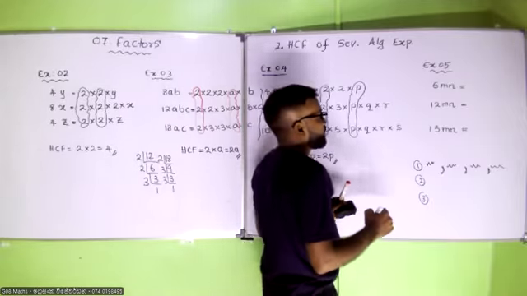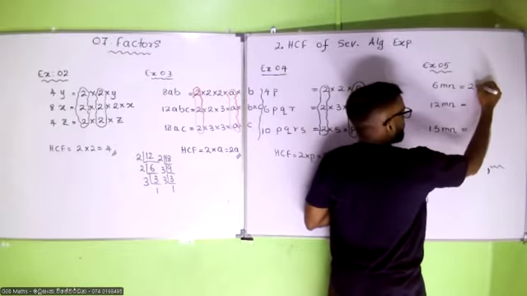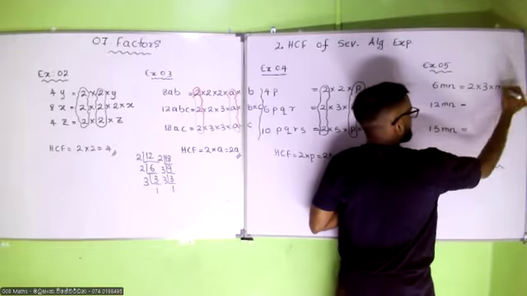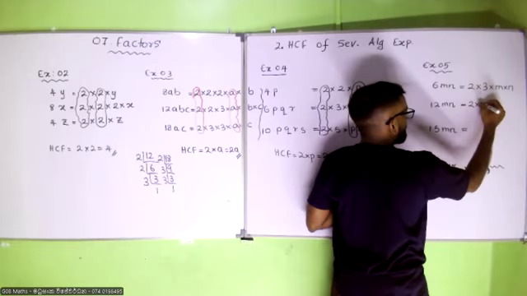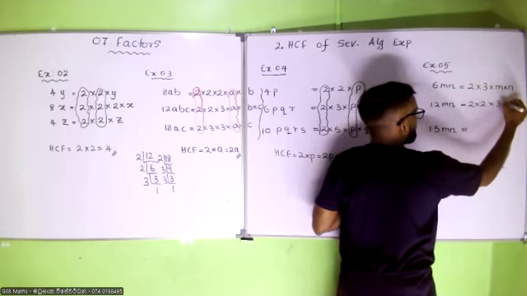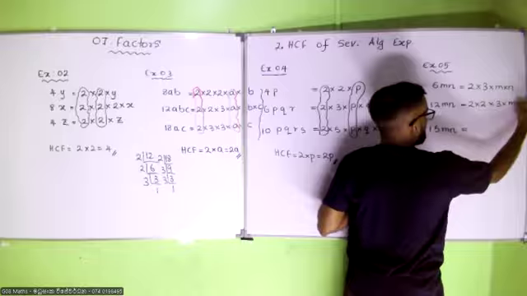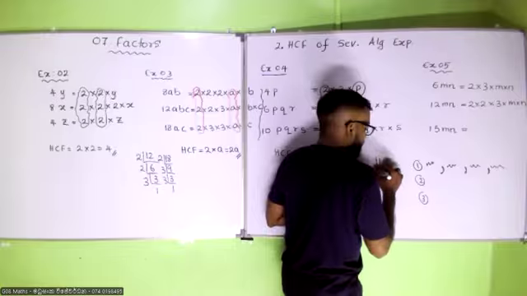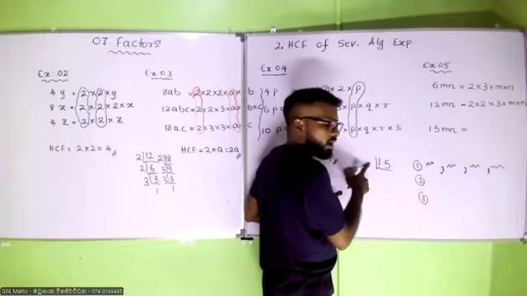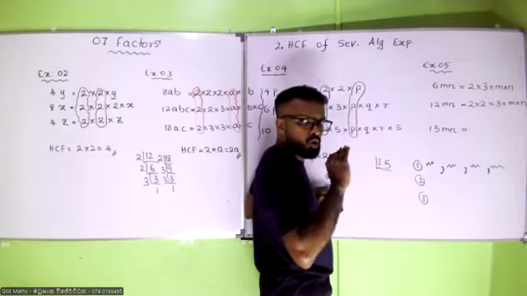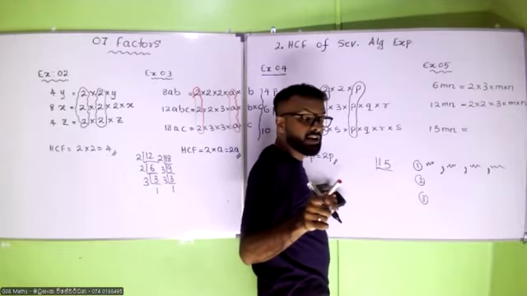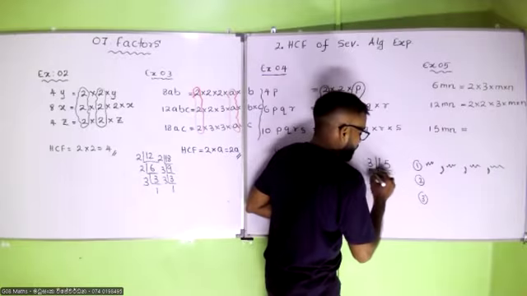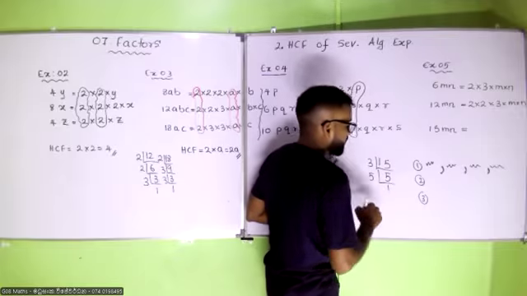Right? Example number 5. 2 multiplied by 3 is 6, multiplied by M multiplied by N. 12 is 2 multiplied by 2 multiplied by 3 multiplied by M multiplied by N. 15: you are going to convert it into a product of prime factors. Can we use 2 to divide 15? No. So the next prime factor, 3. We can use 3 to divide this. 3 times 5. 5 can be divided by itself as well, so 5 times 1.